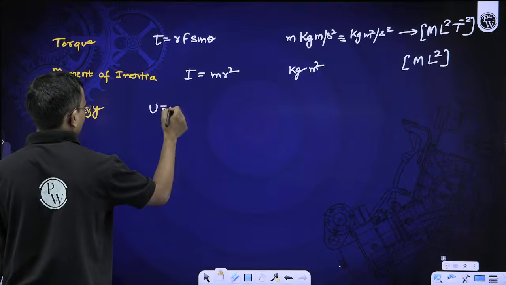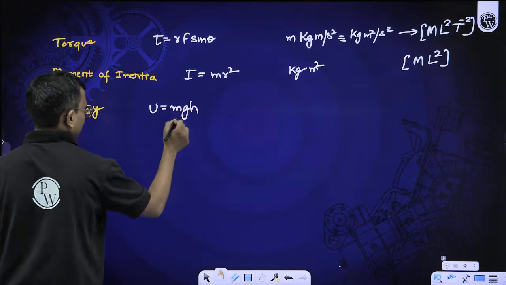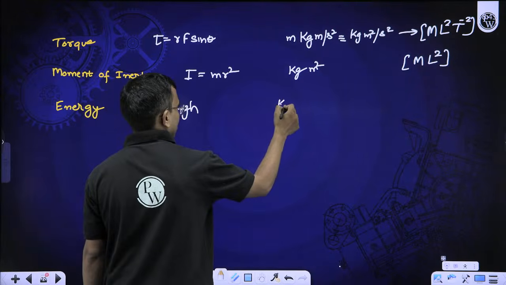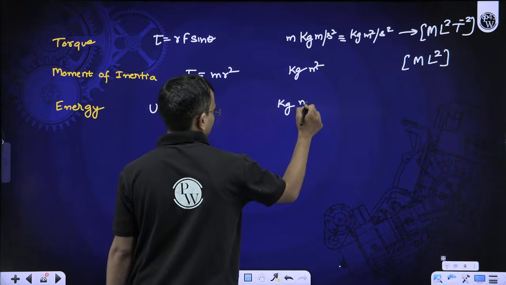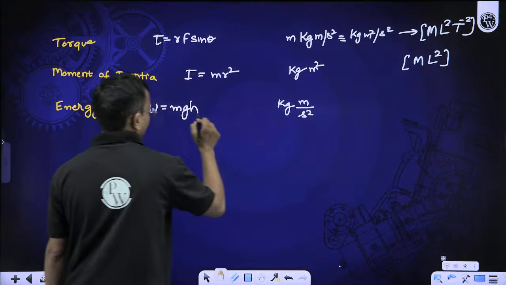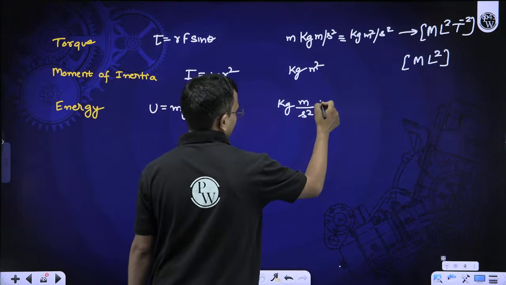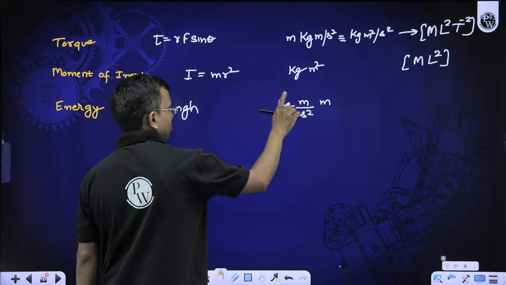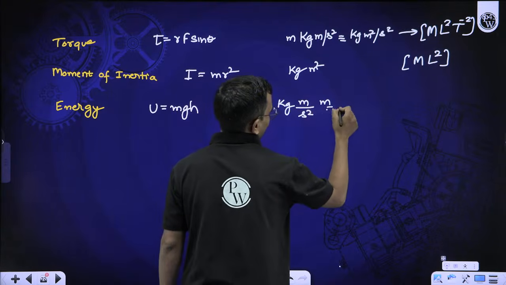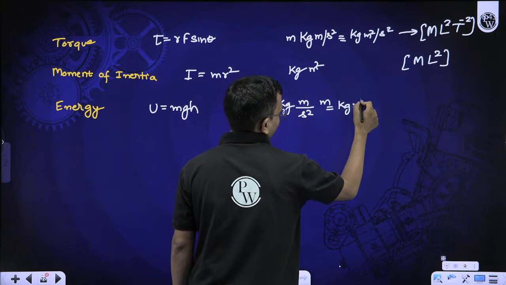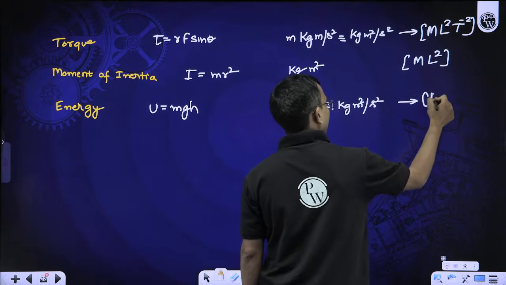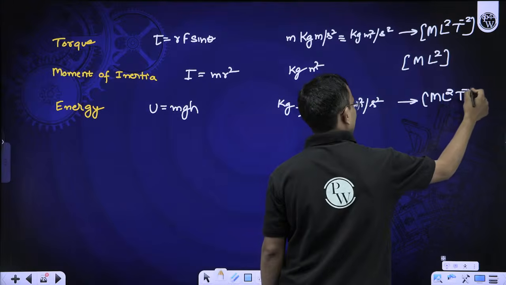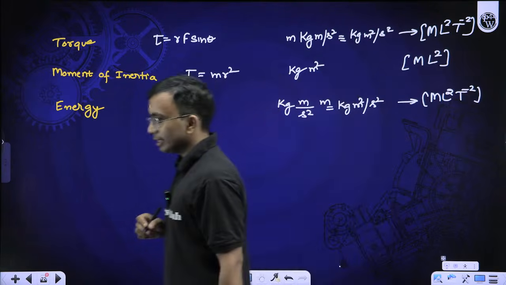I know potential energy is equal to mgh, isn't it? m, mass, unit is kg. g is acceleration due to gravity, so meter per second square. h is just the distance, the unit is meter. So I got kg meter square per second square. Its dimension will become M L2 T minus 2.